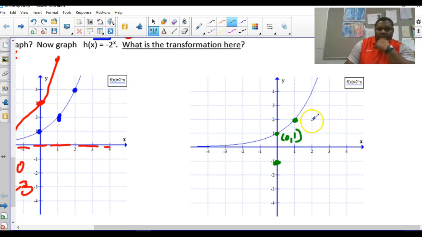This point right here is 1, 2. Take the y value because the negative's outside. Negative 1 times 2 is negative 2. And then you have this one right here, 2, 4. Again, multiply that y value by the negative, so you get 2, negative 4. And 0 times the negative is still 0, so that doesn't change anything. But there's our graph.